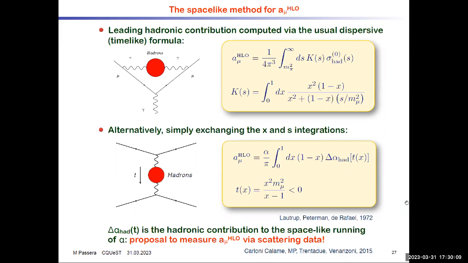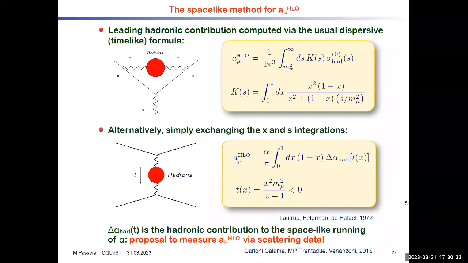But if, vice versa, you do first the integral over s, you end up with a different formula. This different formula tells you that the leading hadronic contribution to muon g-2 can be obtained by knowing the running of alpha, but at a value of q squared that we called t, because it's negative, so in the space-like region.